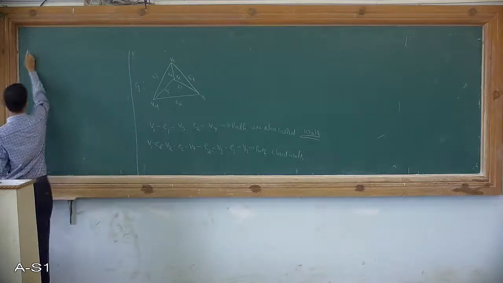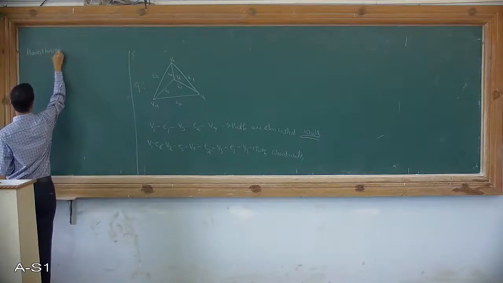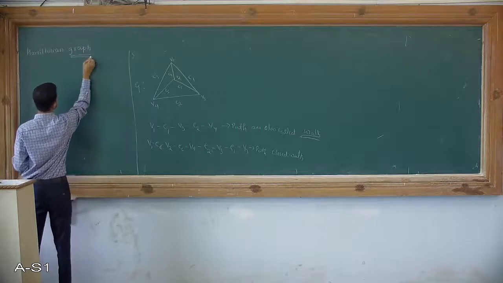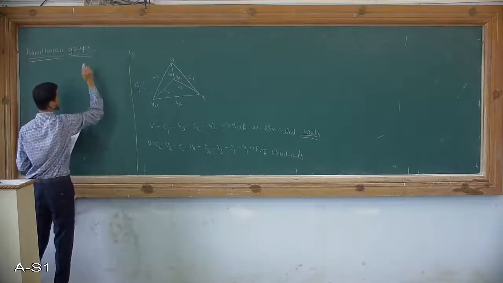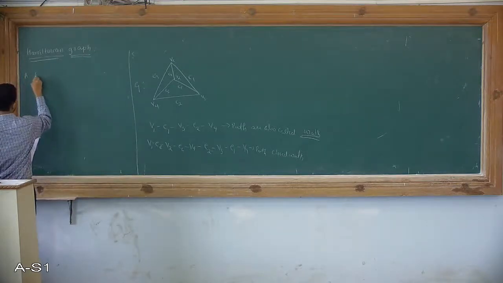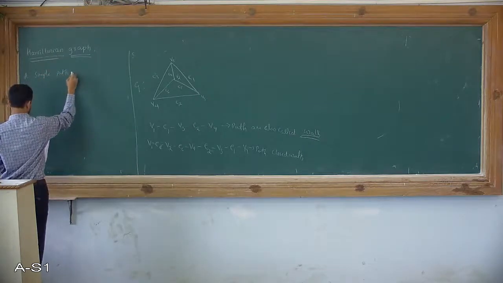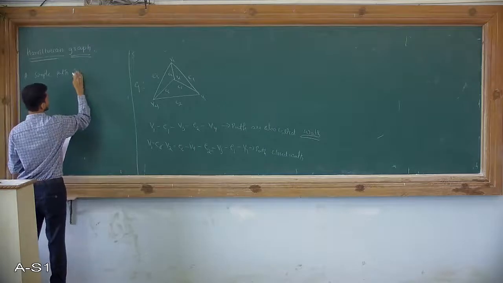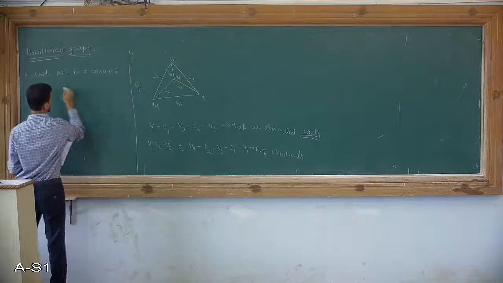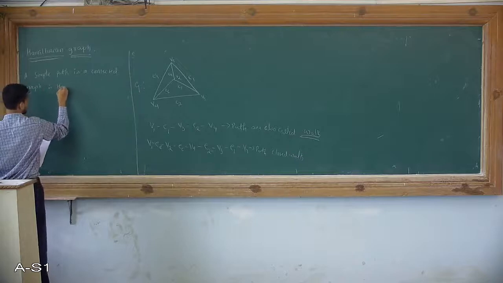Hamiltonian graph. A simple path in a connected graph is Hamiltonian.